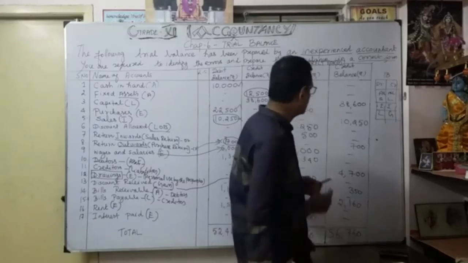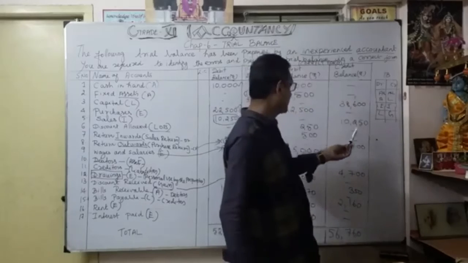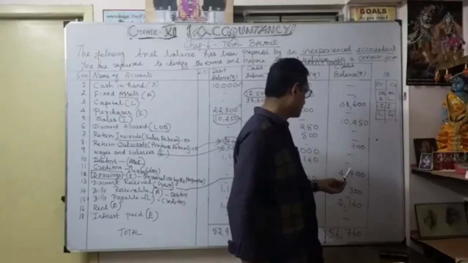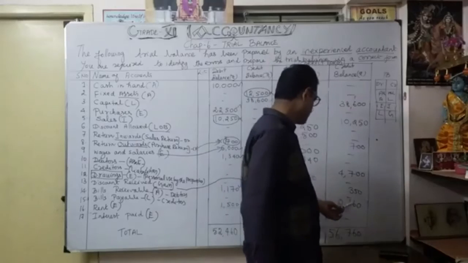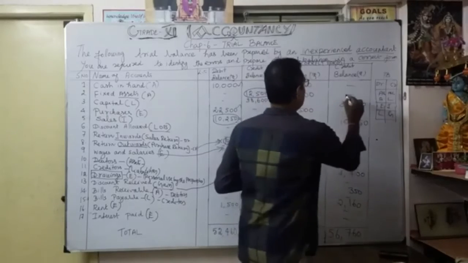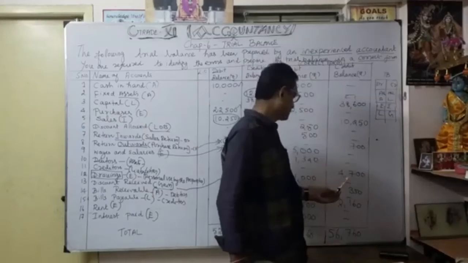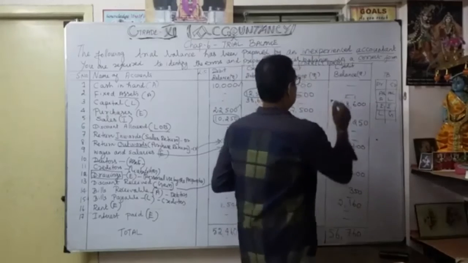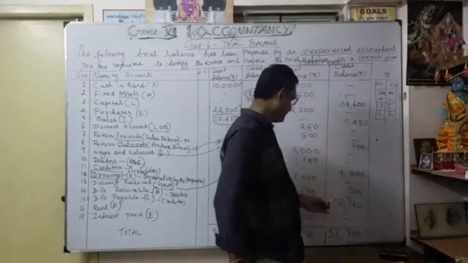So 16, balance 1. 6 plus 1, 7 plus 9, 16. So 16 plus 7, 23, 26, 27. So here carry forward 2. Okay. So 8 plus 2, 10, 14, 16. So 1. Here 1. So 3 plus 1, 4, 5.